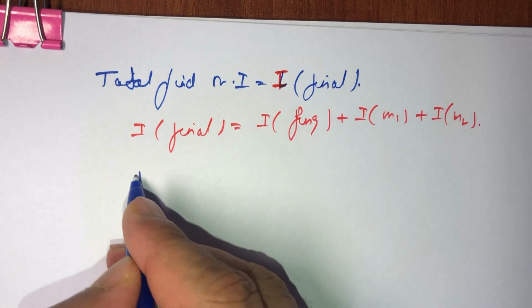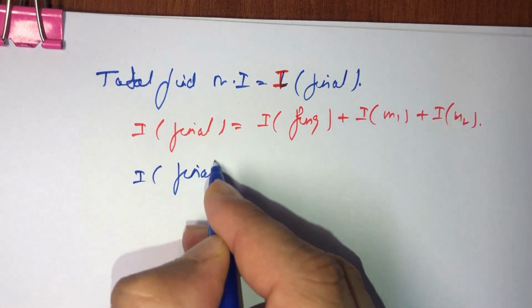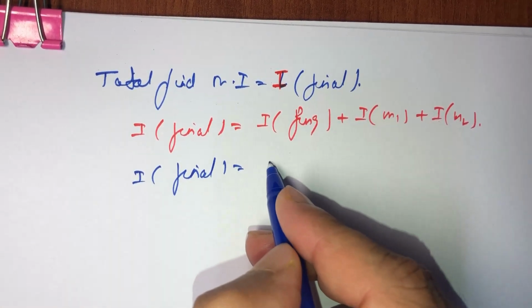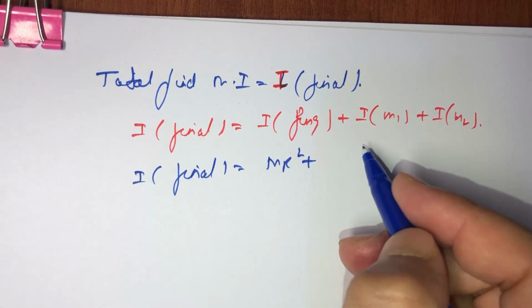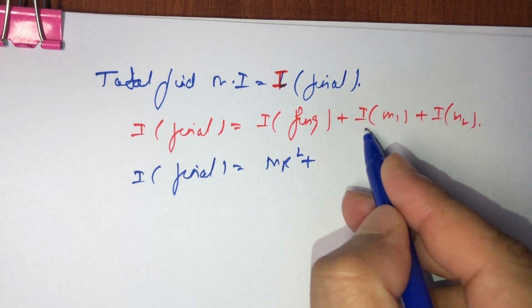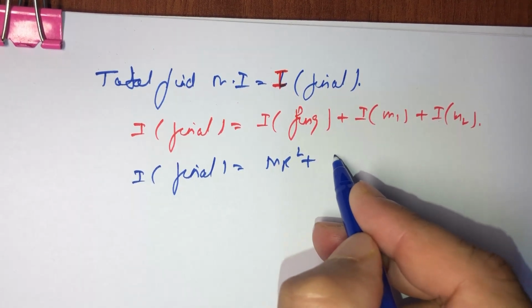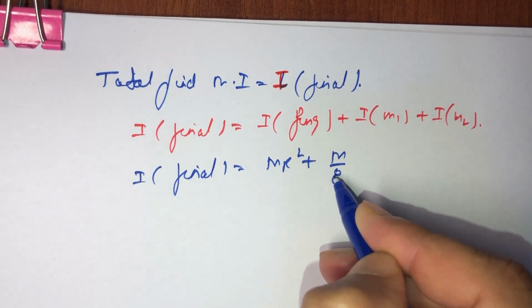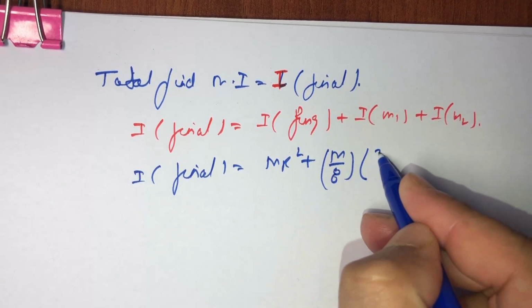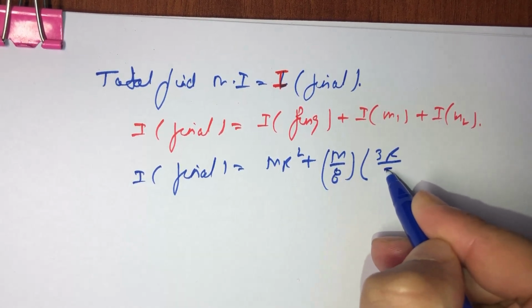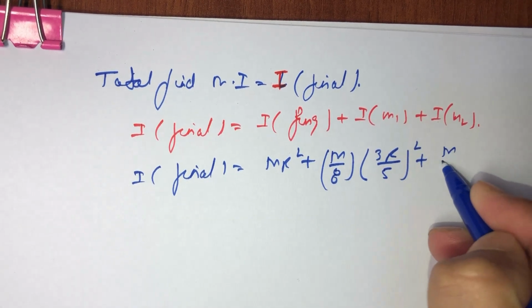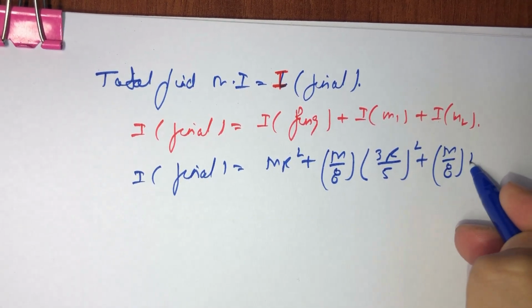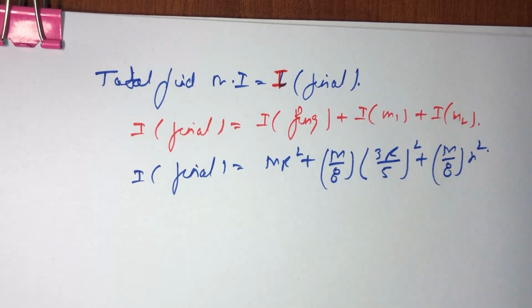So we get here I final is equal to, ring is mr square, plus the moment of inertia because of m1, which is m by 8 and 3r upon 5 whole square, plus this is m by 8 and x square.